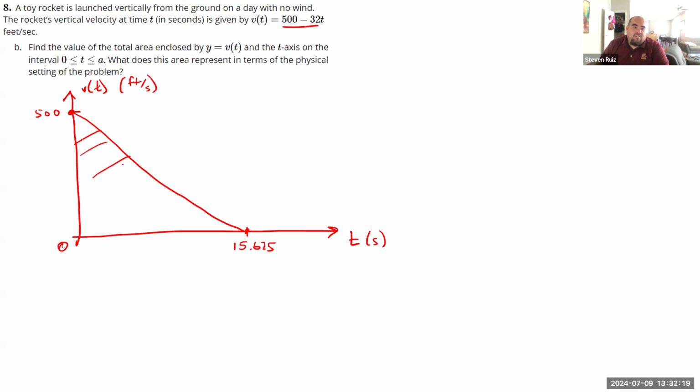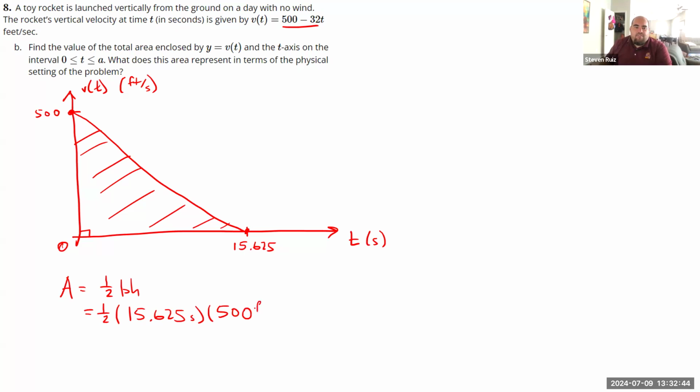So how do I find this area here? This is a triangle. Better yet, it's a right triangle. The area is equal to 1/2 times the base times the height. What is the base? The base is 15.625 seconds. And what is the height? The height is 500 feet per second.